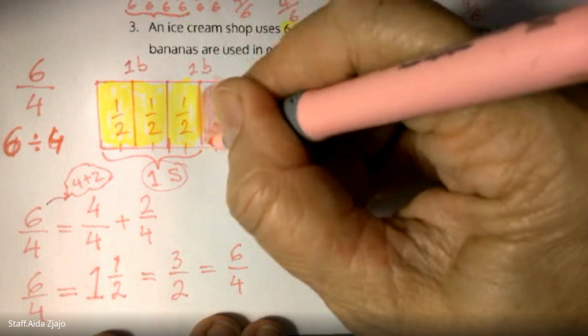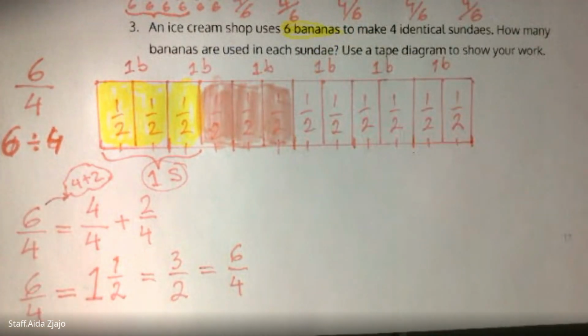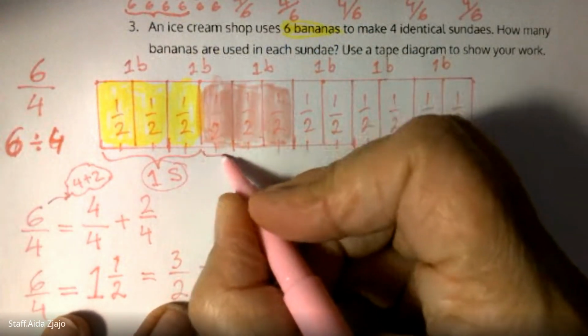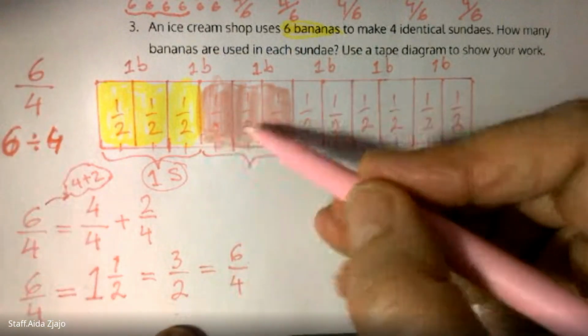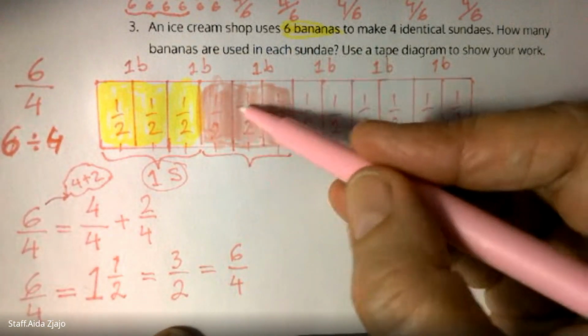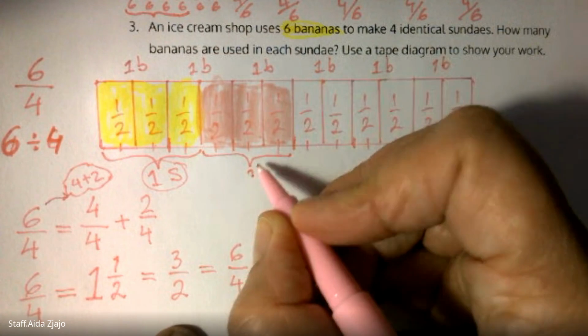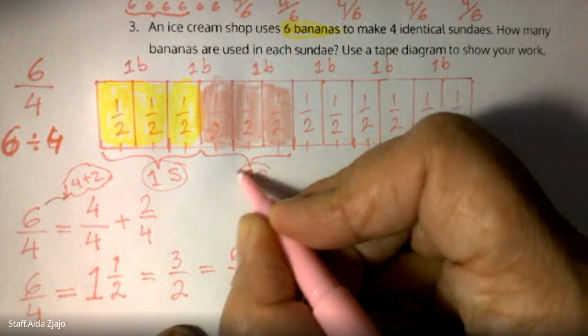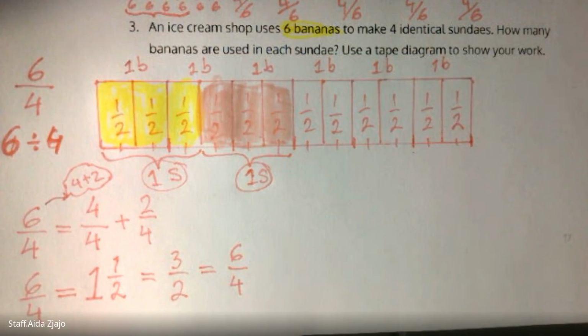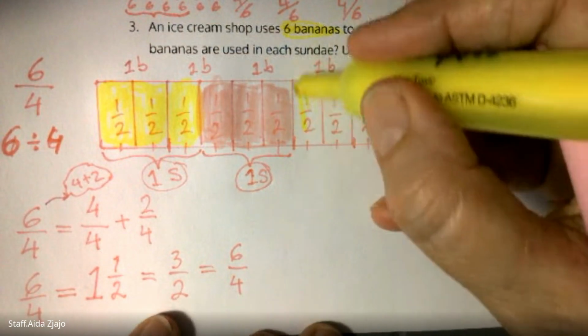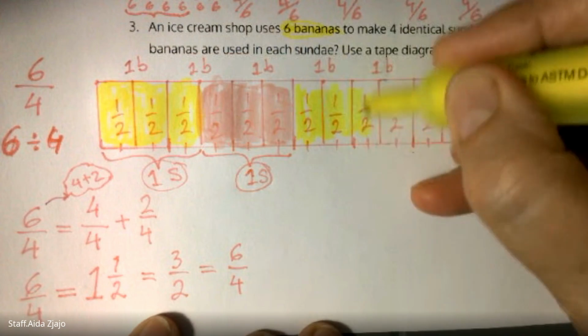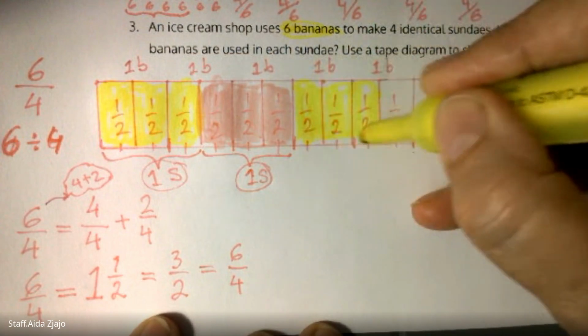That will make another Sunday. Again, I have 3 halves, or 2 halves makes a whole, and 1/2. That's another Sunday. One more Sunday. And I will take these 3 halves. I'll make a Sunday.